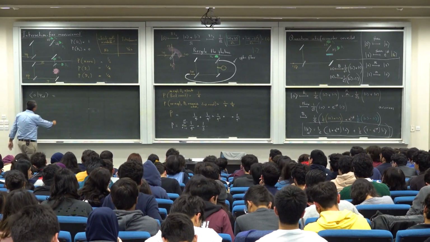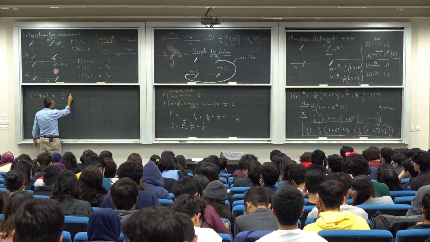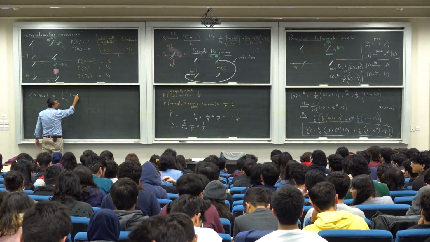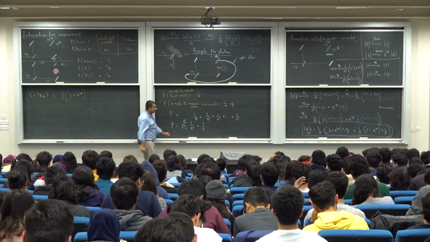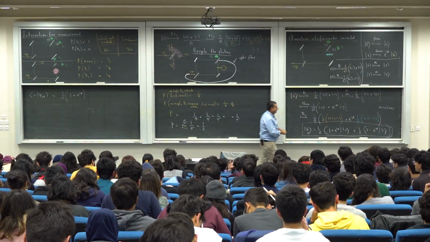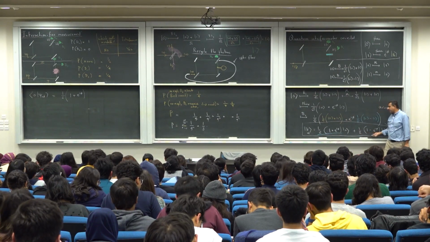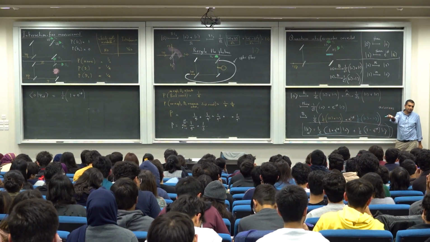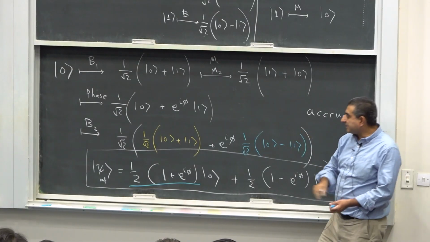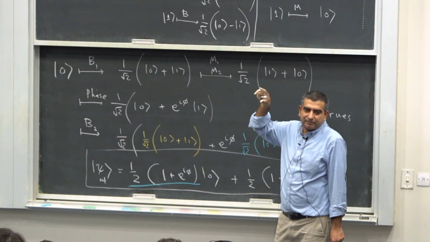One over 1/2 brackets 1 plus, that's it, right? So this term would survive, whereas this term is going to be washed away because the overlap of ket 1 with ket 0 is 0. So I'm just picking up, extracting one of the probability amplitudes.